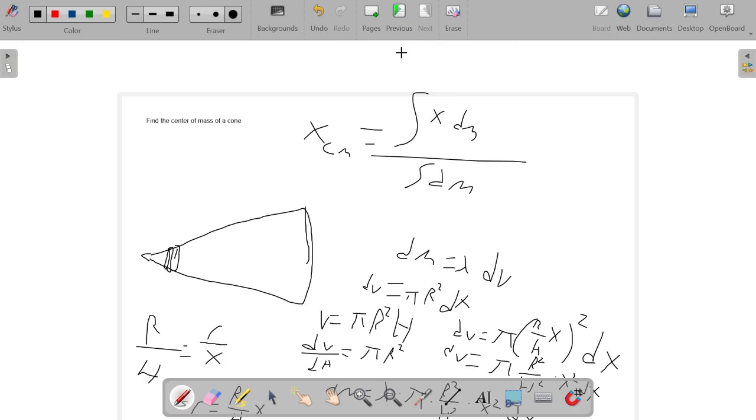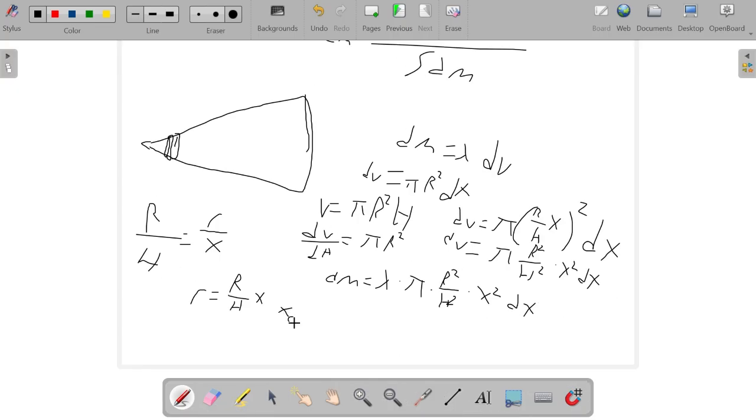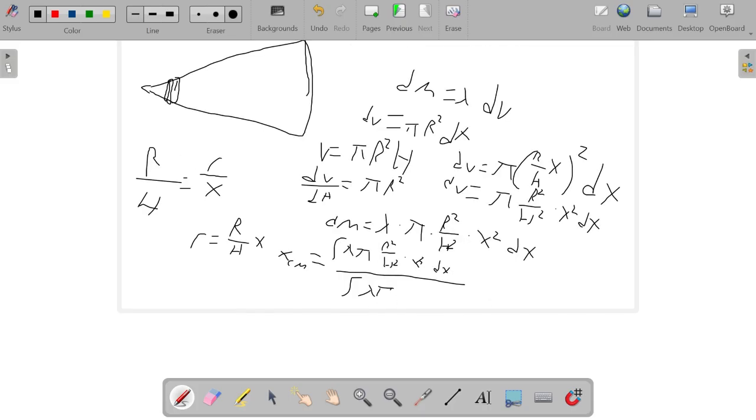So then if you plug this back into these equations, what we get is that xcm is equal to the integral of density pi r squared over h squared times x cubed dx, divided by the integral of density pi r squared over h squared times x squared dx.